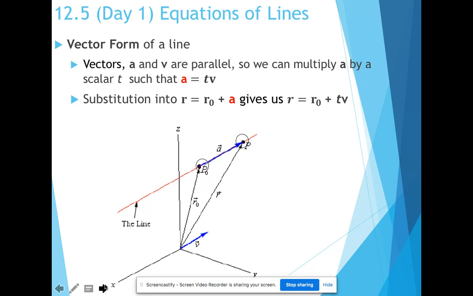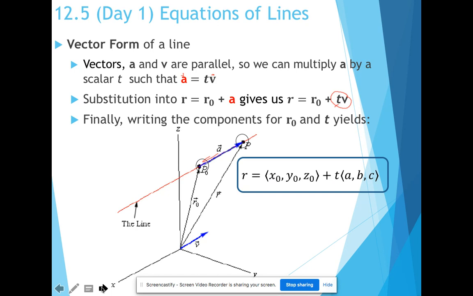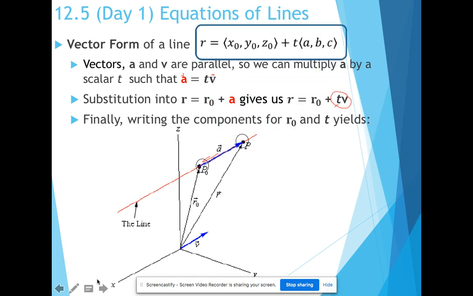Now I'm going to substitute into the equation r sub 0 plus a, and I'm going to get r sub 0 plus tv. Vector a is equal to a scalar t times v. And that's how I get this vector a. So finally, writing the components. The components of r sub 0 are x sub 0, y sub 0, z sub 0.